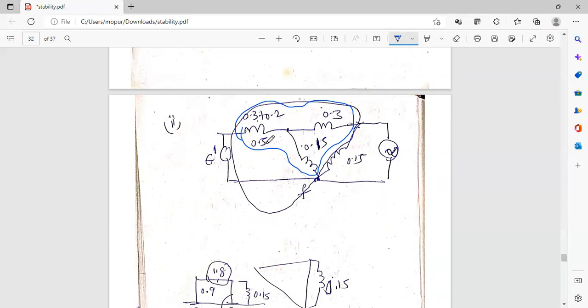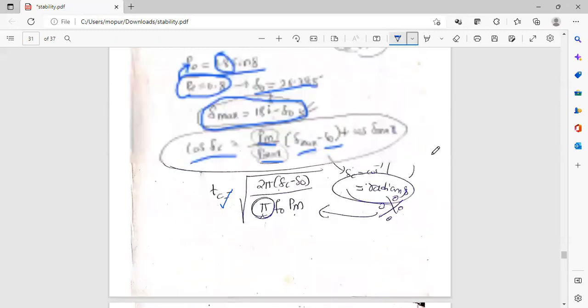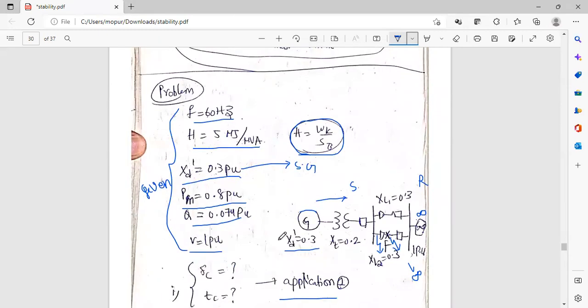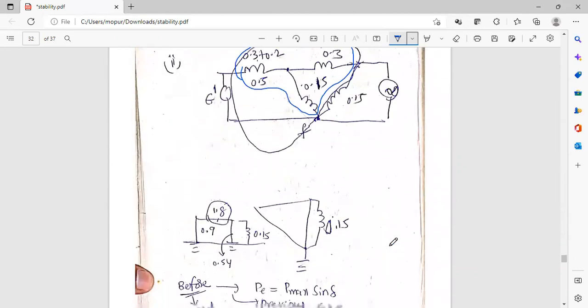This 0.5 is the combination of the generator direct axis transient reactance and the transformer reactance, that is, a combination of these two reactances. 0.3 plus 0.2 is 0.5. And since there is a fault, I am breaking this into two equal parts, 0.15 and 0.15, and connecting 0.15 to the ground.